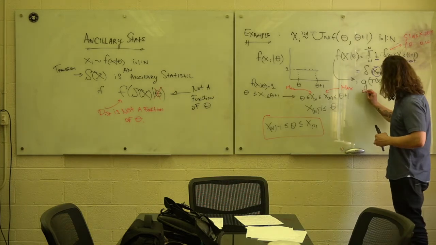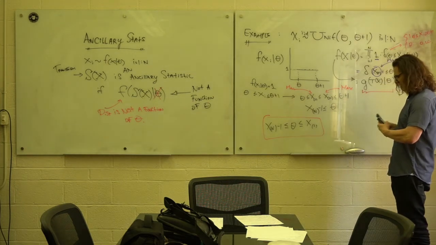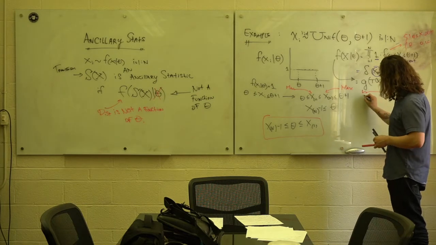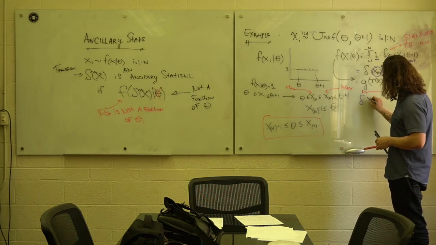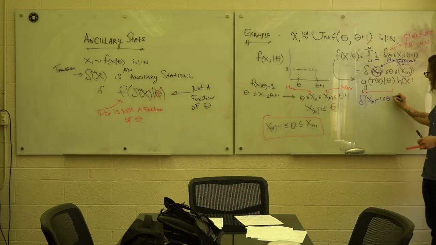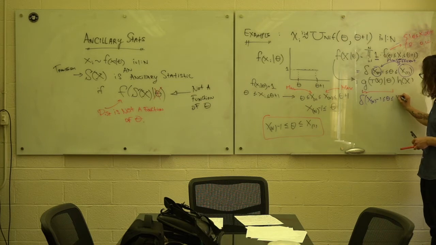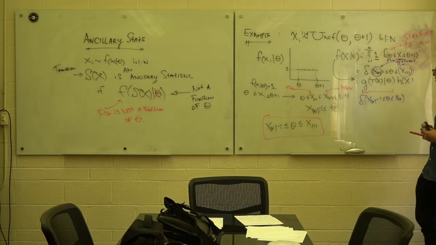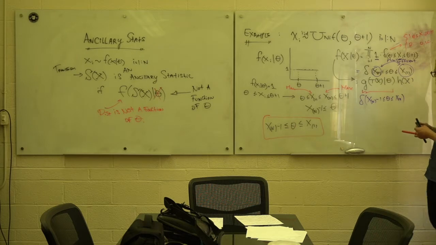So this thing is just the delta function, a function of theta and the sufficient statistics. It just happens to be min sufficient the way that I've written it down. So I did a compression and I jumped from writing the delta function like that to a simplified form.